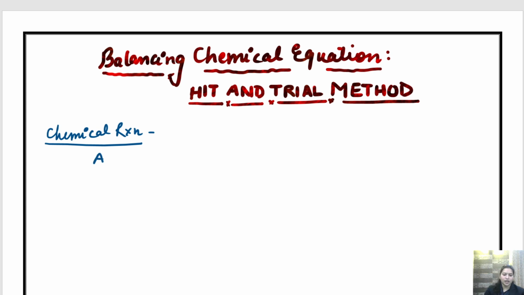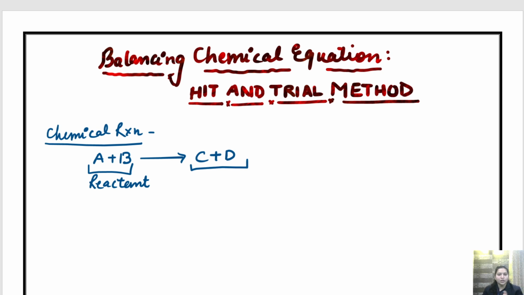Like when A plus B mix together to give C plus D, it is a chemical reaction, and the pattern in which we write this reaction is called a chemical equation. Okay, here the substance that we are adding is called the reactant, and the output that we get is called the product.